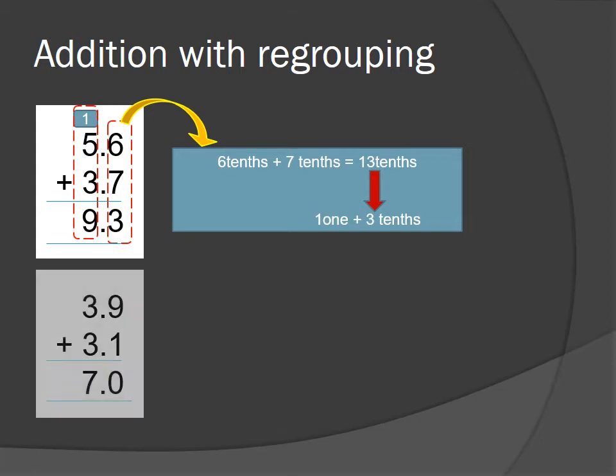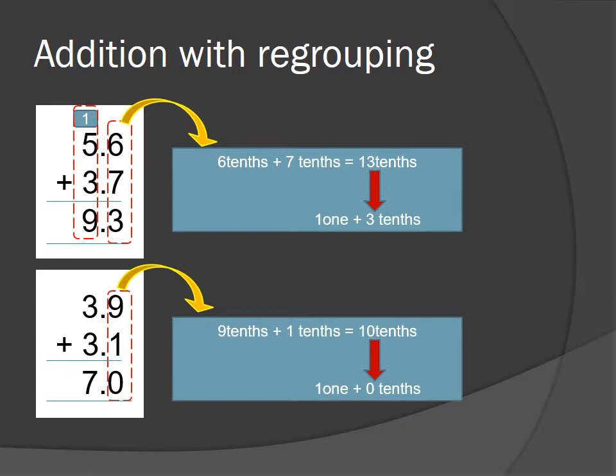Next example, 3.9 plus 3.1. We want to add the numbers in the tenths place first. 9 plus 1 is equal to 10. So you have to write the 10 tenths as ones and tenths. It means you have to regroup that number. 10 tenths you can regroup as 1 one plus 0 tenths.